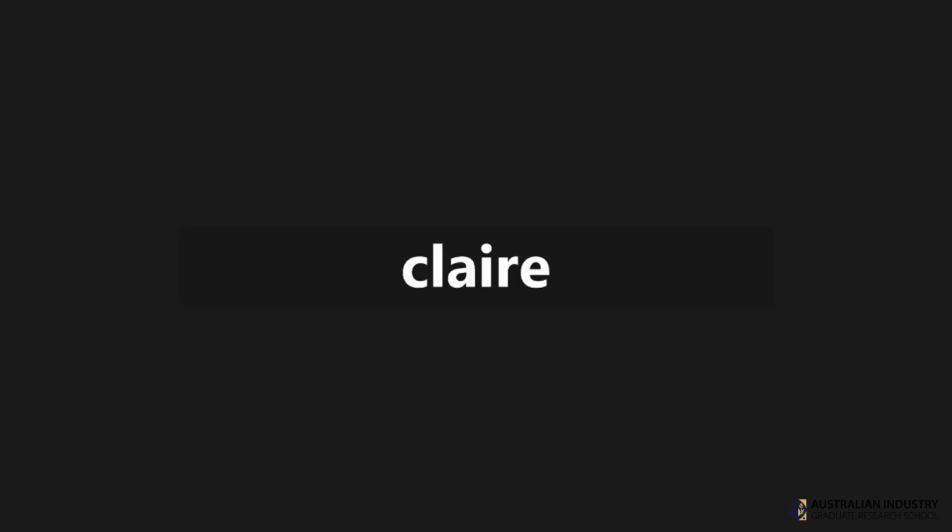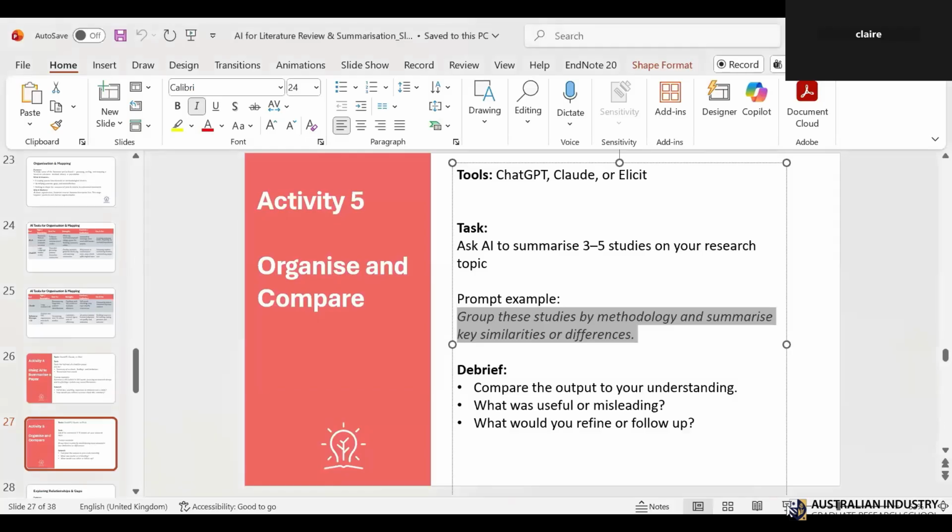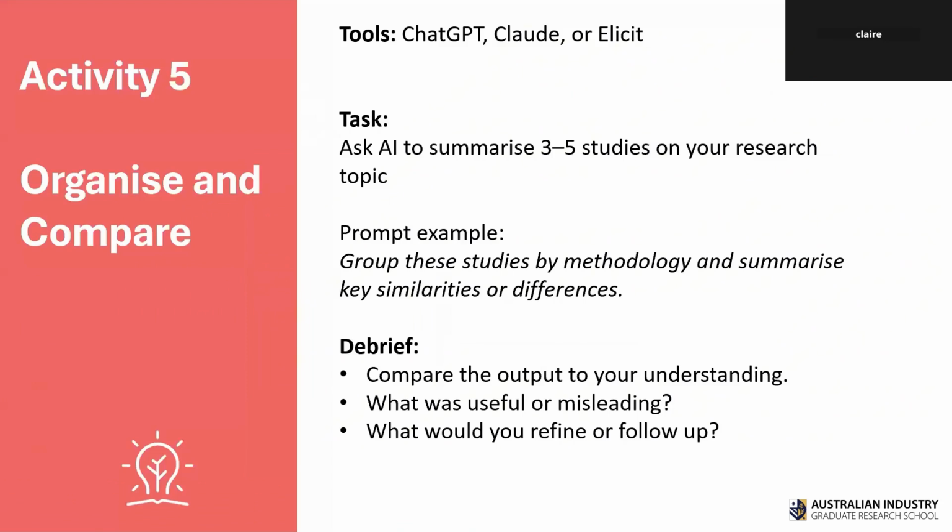Okay, I'm going to stop sharing that for a moment, and we're going to go back to our slides and push on here. I hope that just gave you a bit of a flavor for what Elicit looks like and what it can do.